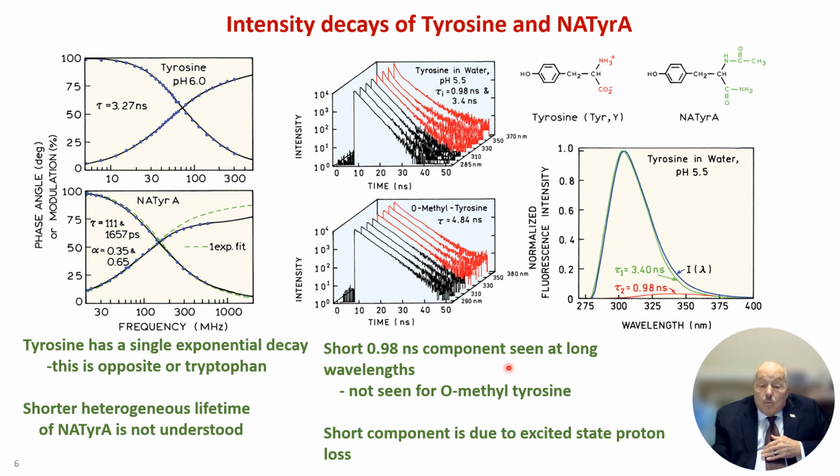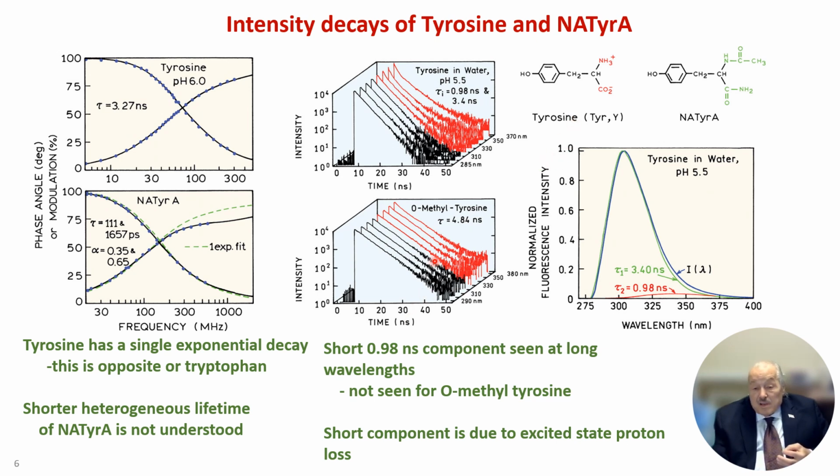The one thing that can make tyrosine multi-exponential is the loss of a proton in the excited state. We discussed how the pKa of the hydroxyl group drops down to a very low number, pKa 2.5 or so. So in a neutral solution, the moment the molecule absorbs light, it starts to lose a proton. When it starts to lose a proton, you start to get what's called tyrosinate emission, which has a shorter lifetime, and you can prove that it's due to the hydroxyl group.